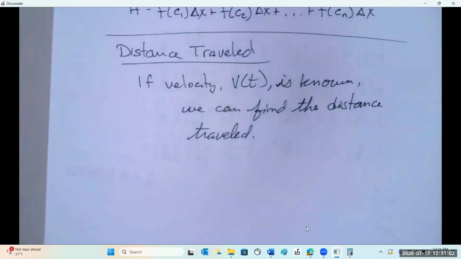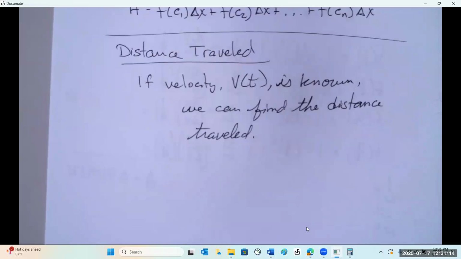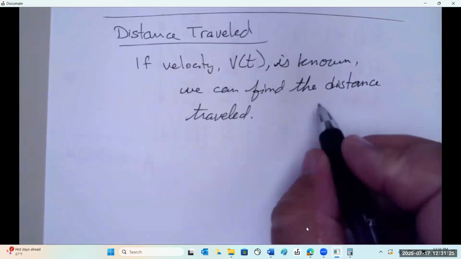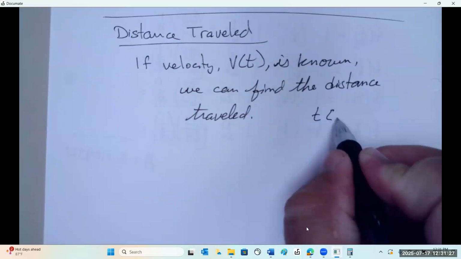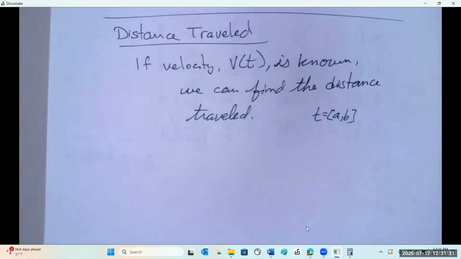How can we do that? If we know the velocity, then all we need to know the distance traveled is what? The intervals, beginning and the end. So all you need to have is the beginning and end time period.